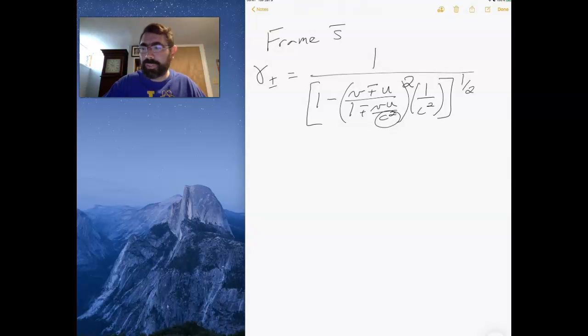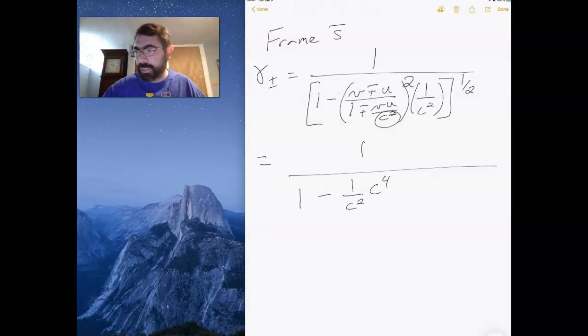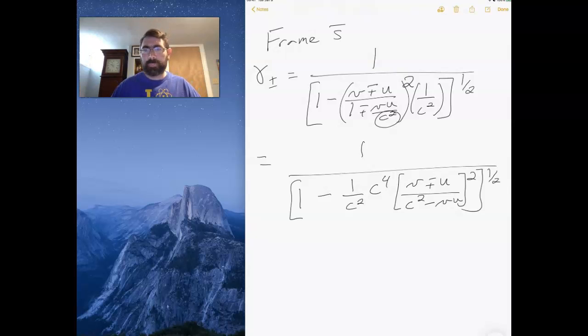So we can factor out the c squared, and what we should get is 1 over 1 minus 1 over c squared times c to the fourth of (v ∓ u) over c squared minus vu, quantity squared. All of that we take the square root.